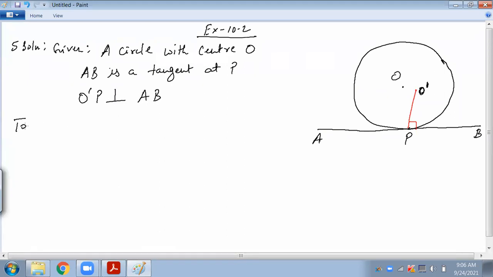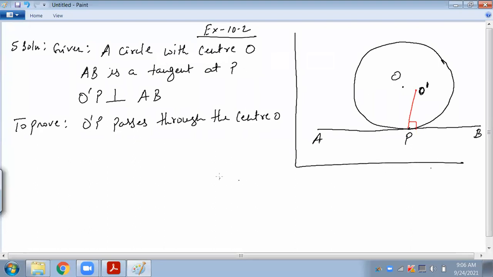To prove: O'P passes through the center O. For this we need the construction. We'll join OP.